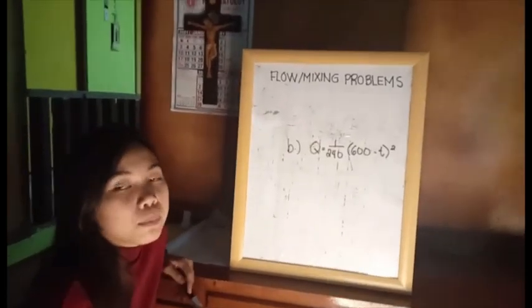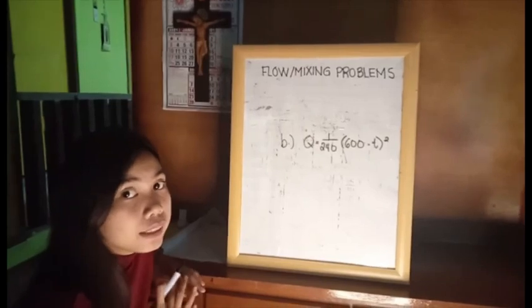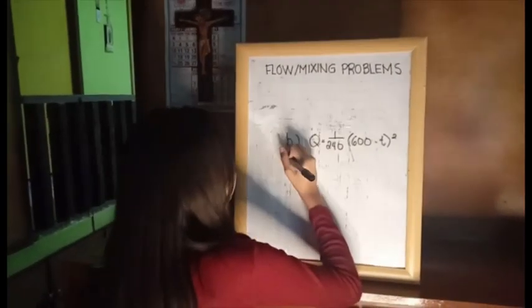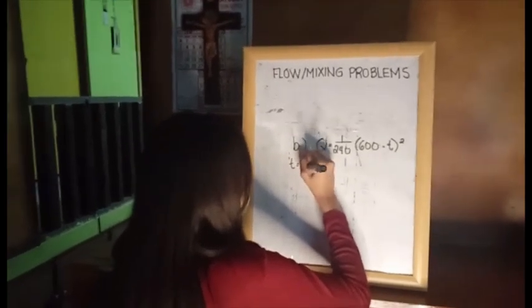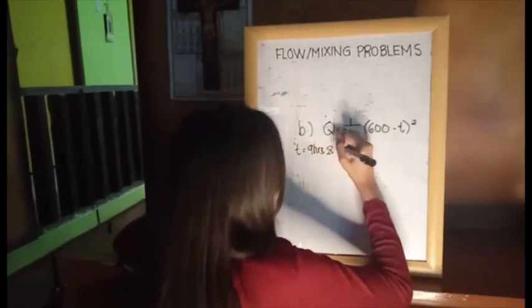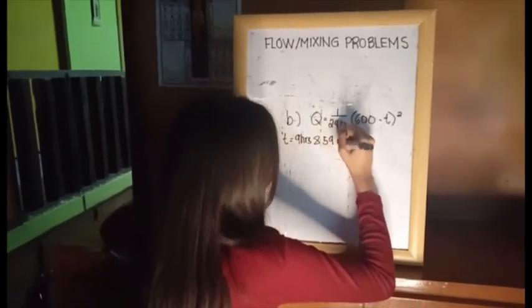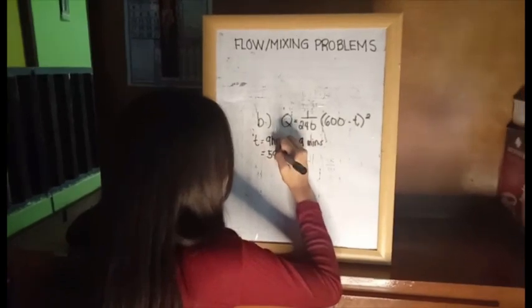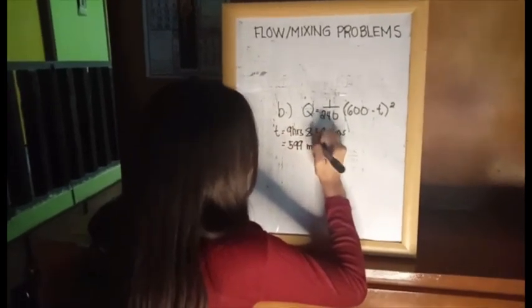We're going to calculate the amount of salt left in the tank after 9 hours and 59 minutes. Our t will be 9 hours and 59 minutes, which is equal to 599 minutes.